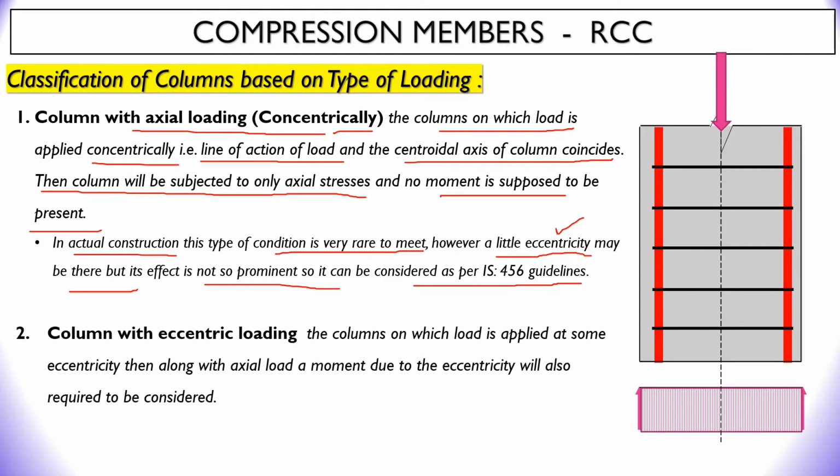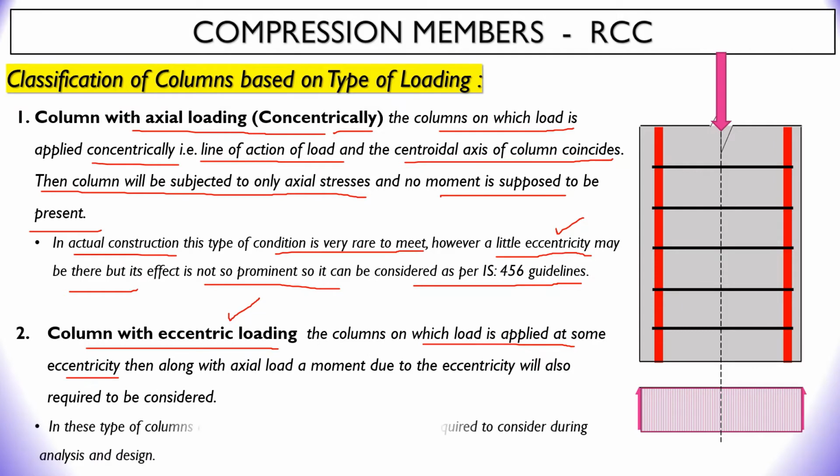Now the second type of classification is column with eccentric loading. That means the load is acting at some eccentricity. Eccentricity means the load is acting away from the centroidal axis. So for this type of column, along with the axial load, as we have discussed in the first classification, some moment will also be acting due to the eccentricity.